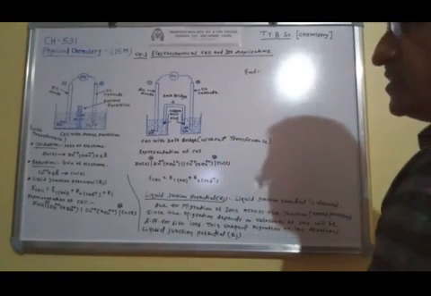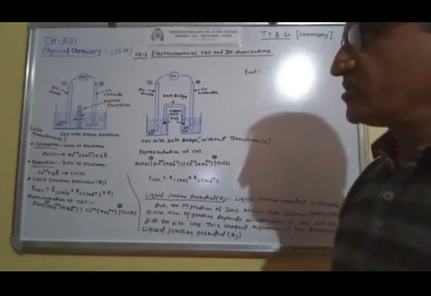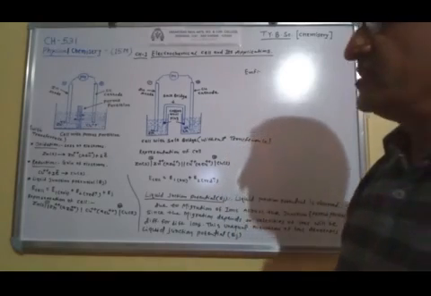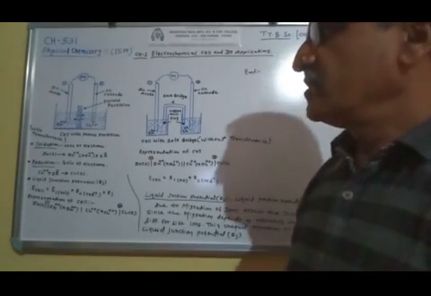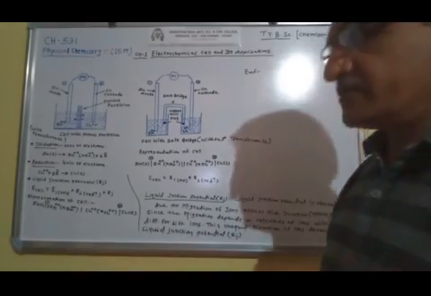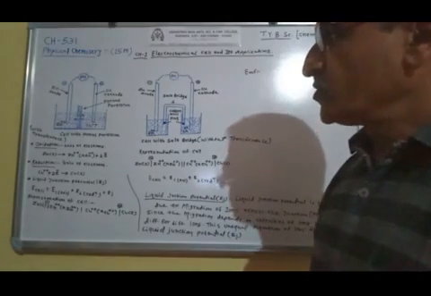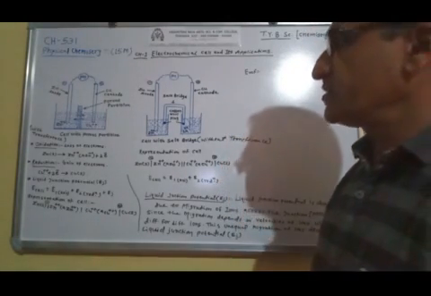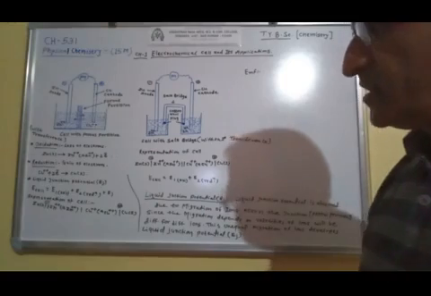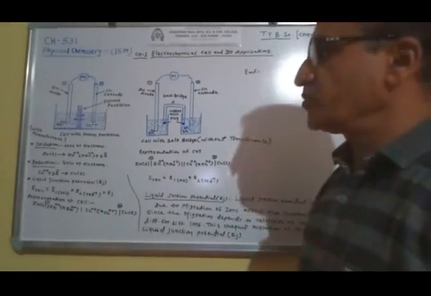This cell with porous partition is also called a cell with transference. Due to the transference or porous partition, there is development of liquid junction potential.